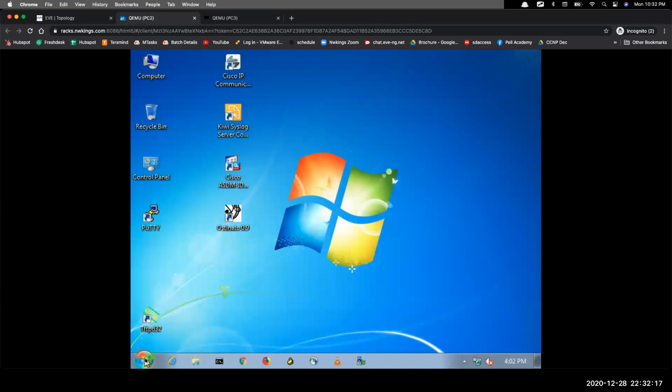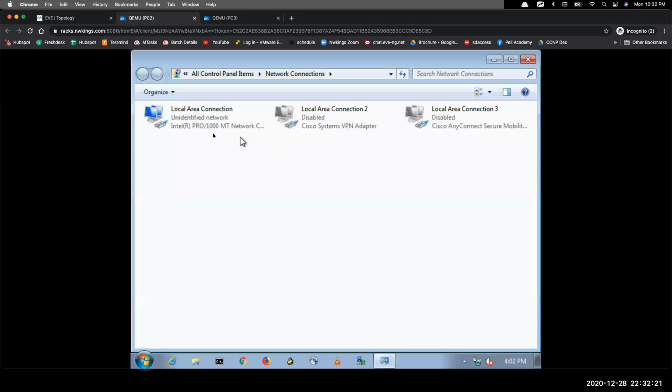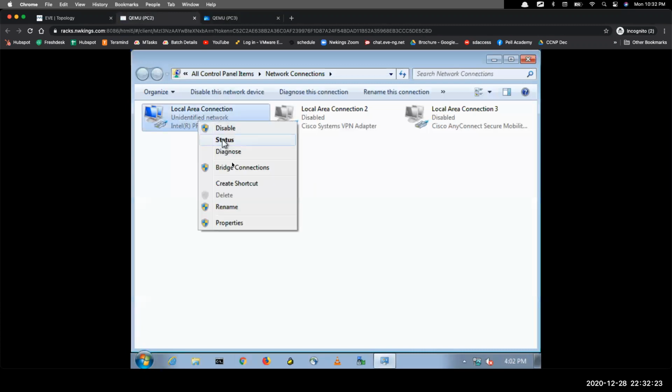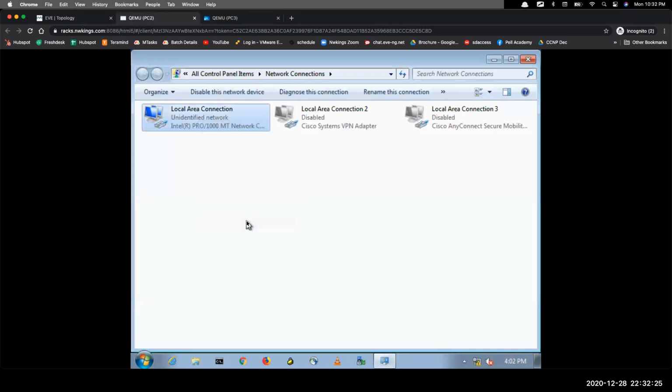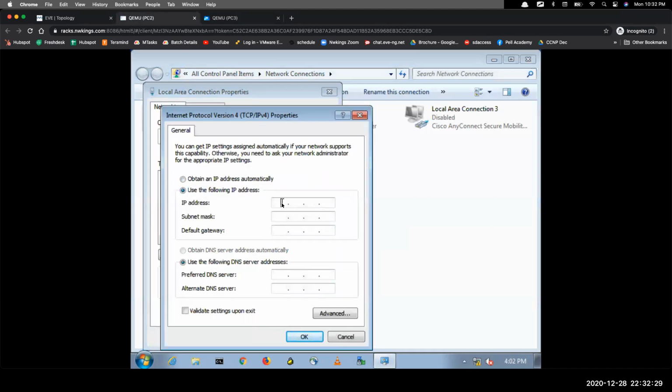In my first computer, I need to go to ncpa.cpl, and here in properties I need to give the IP address: 192.168.1.11, my subnet mask is 255.255.255.0, and the gateway would be the router IP, 192.168.1.1.